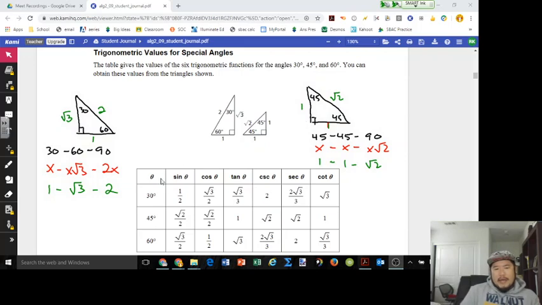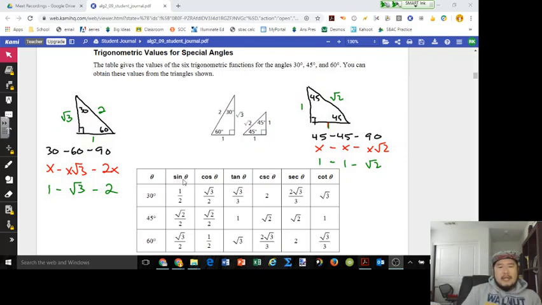So if we look at the table now, how did they get 1 over 2 and rad 2 over 2, etc.? Well, what we're going to do right here is take a look at this triangle. And this says sine theta of 30 degrees. So sine of 30 degrees is supposed to equal 1/2.